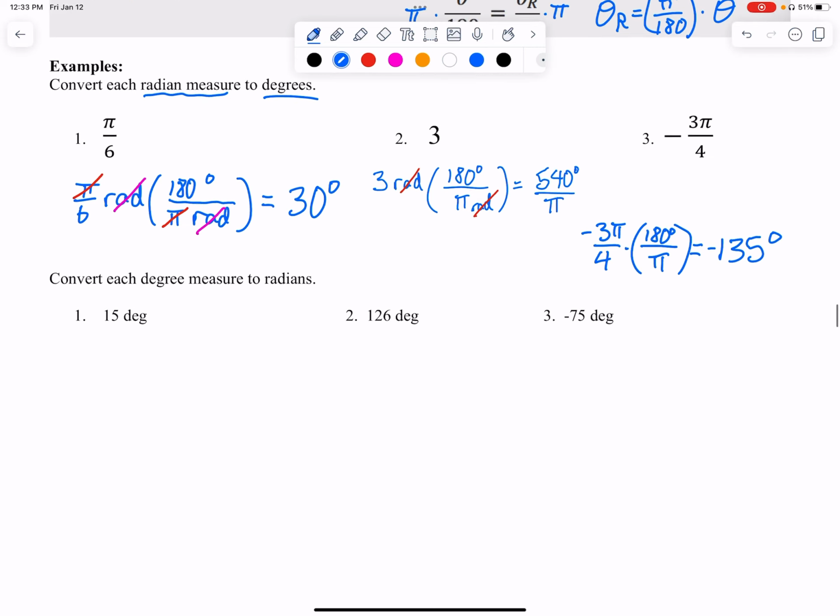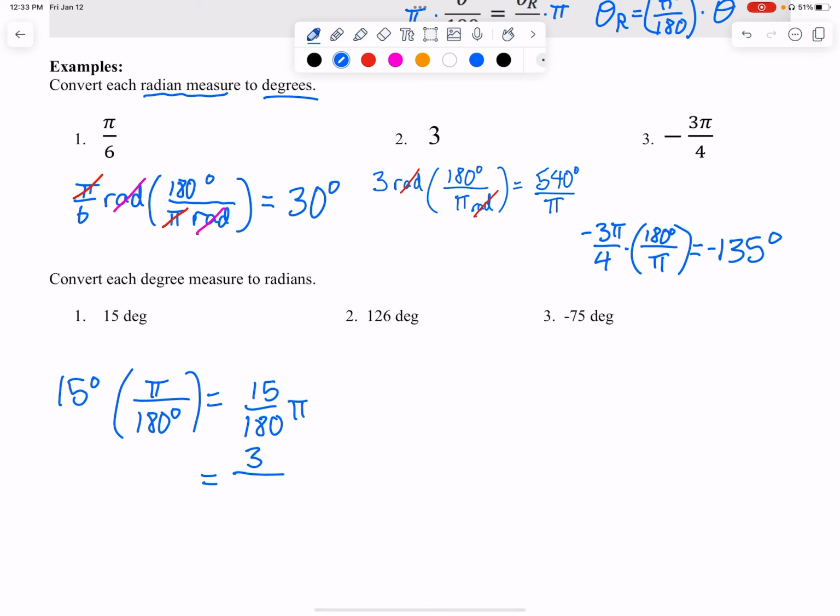All right, let's do degrees now. I have 15 degrees, and this is why we use the dimensional analysis and not the ratio or the proportion at the top. Now I want degrees to cancel, so I'm going to put degrees on bottom and radians on top. The degrees are going to cancel out, and I get 15 over 180 pi, and the degrees are gone. Okay, so we're going to divide by 5.